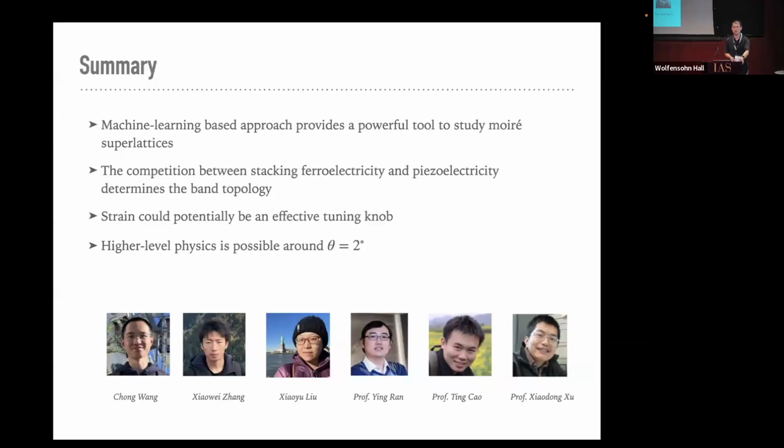Is there any reason why the interlayer hopping here changes as a function of twist angle, but not in twisted bilayer graphene? The interlayer hopping, in fact, doesn't change much with twist angle. Remember that in graphene, because you have time reversal and inversion symmetry, the moiré potential only appears in the off-diagonal part, that's your interlayer hopping.